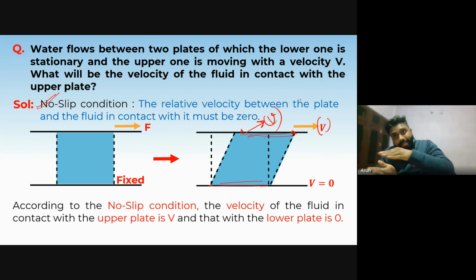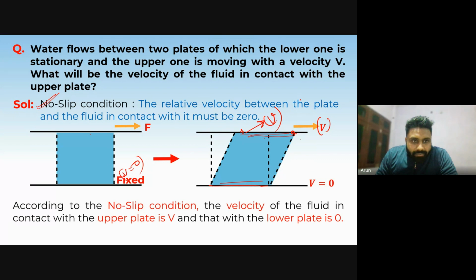So if the plate is itself moving with a velocity v, what should be the velocity of the contact layer? Let me take a numerical value. This is fixed, so velocity will become 0 here.